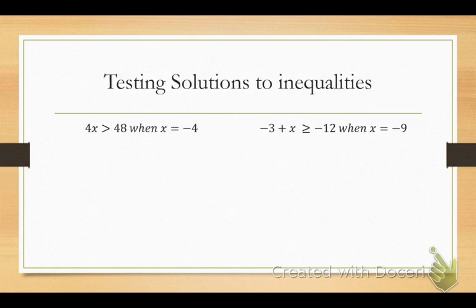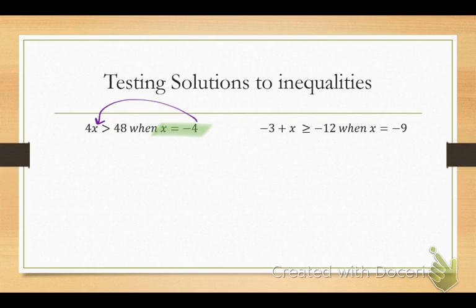All right, now we need to also test solutions. Now, this part was maybe a little confusing on your homework because it was written in a different format in the lesson, and sometimes they do that on the examples and I just missed it. This is not something that's necessarily new to you, to take a value and plug it in for the variable to see if it makes the inequality true.